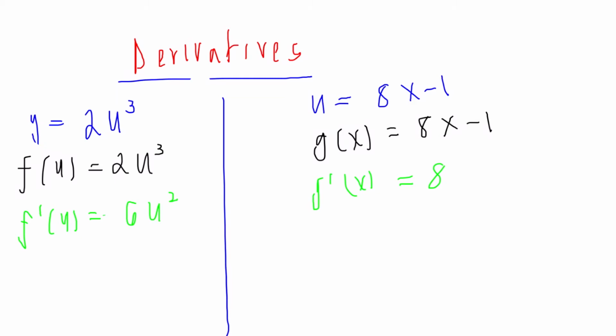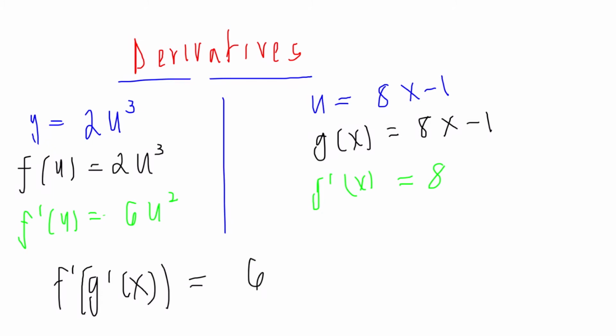Now what we want to do is find the overall derivative of the function. In order to find it, we multiply the derivative of f of u times the derivative of g of x. So that's going to give us 6u squared times 8.